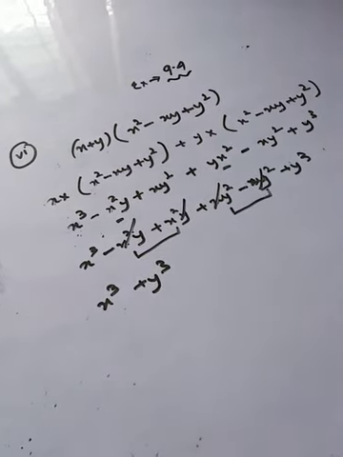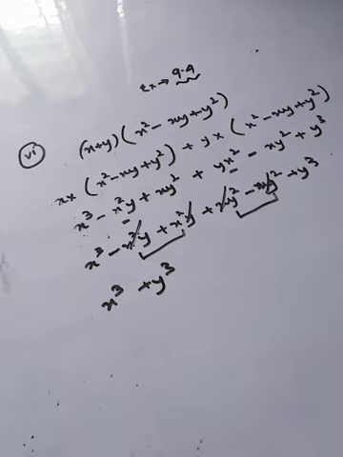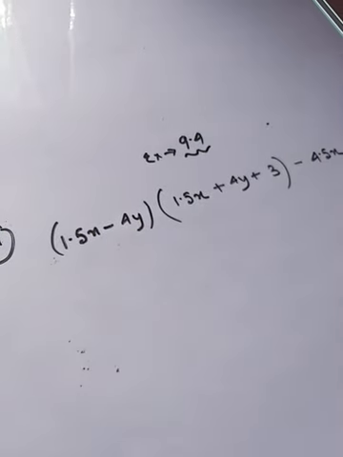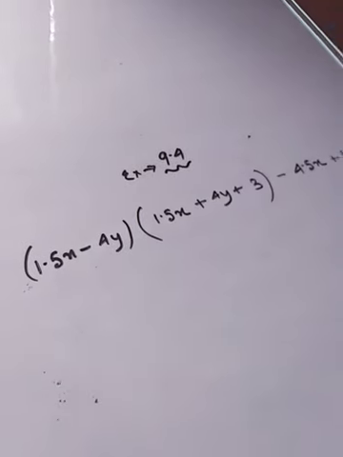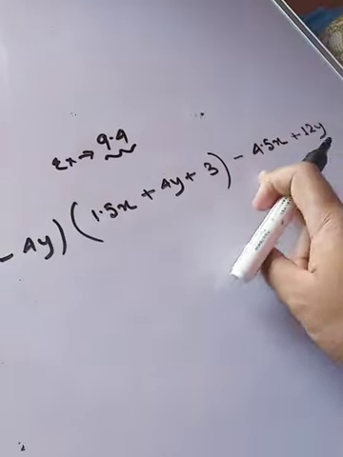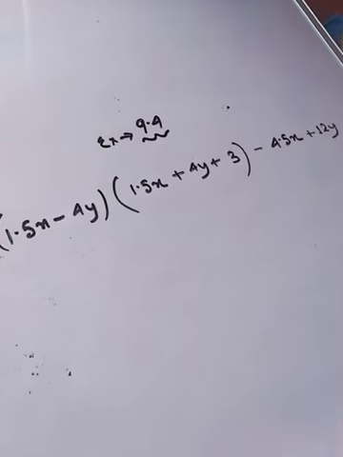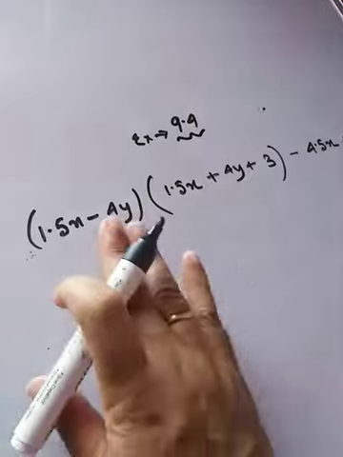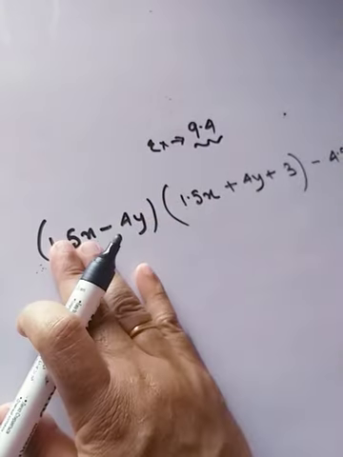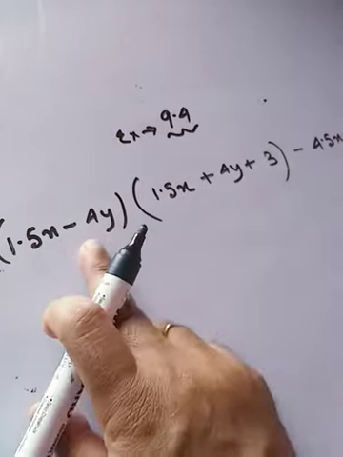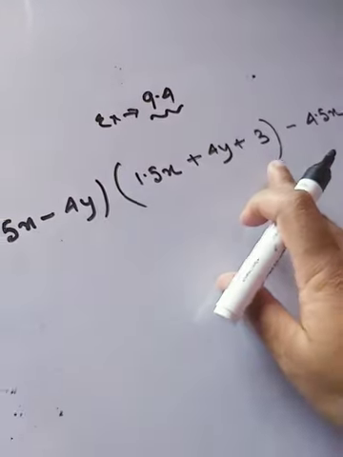Okay, let's move on to sum number 7. Now this is sum number 7. Now binomial into trinomial, and then we have to do the solution. So first we'll concentrate on the multiplication part, that is binomial into trinomial. So very easy, this monomial term has to multiply this trinomial. With minus 4y also we have to multiply this whole trinomial.